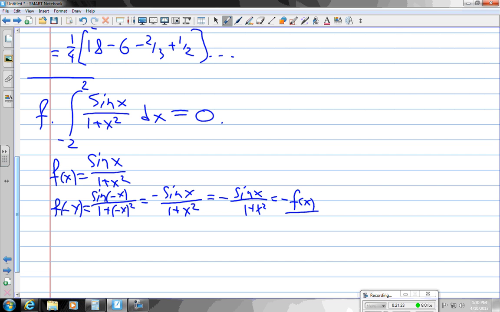That's the definition of an odd function: f of negative x equals negative f of x. And when you integrate an odd function over an interval that is symmetric around the origin, you're always going to get zero, because one area is the mirror image of another area reflected on the x-axis. Okay, good.